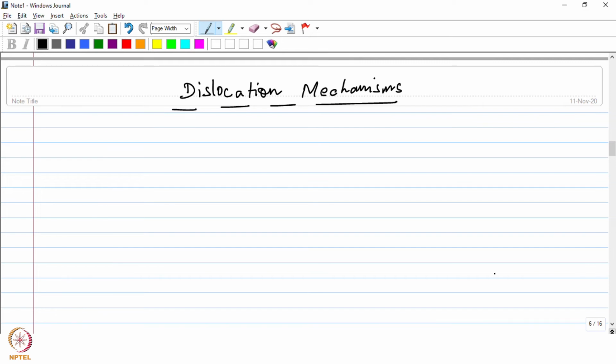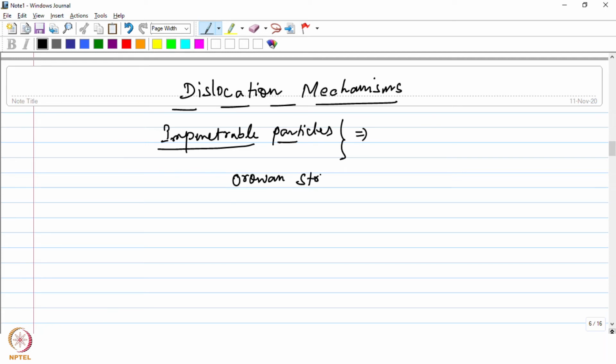So when you have this kind of solid impenetrable particles as the reinforcement, then obviously this is going to act as the hindrance to the motion of dislocations, and we can in fact invoke the Orowan strengthening mechanism here.